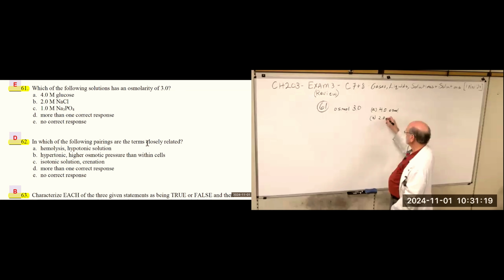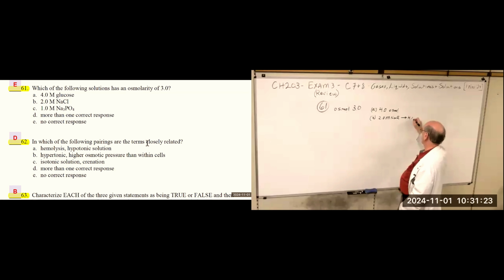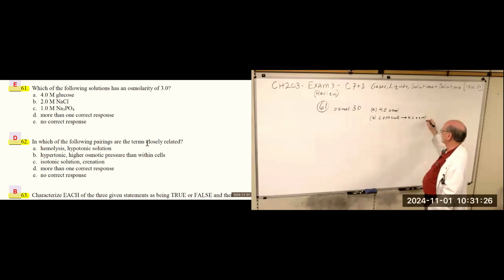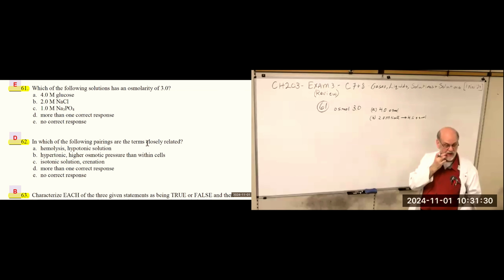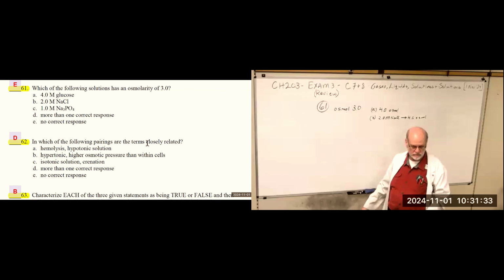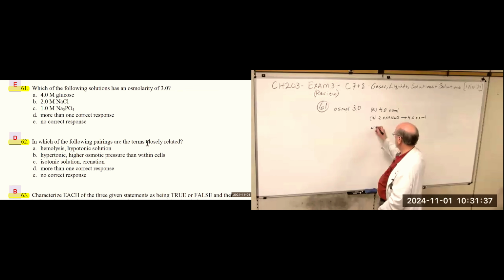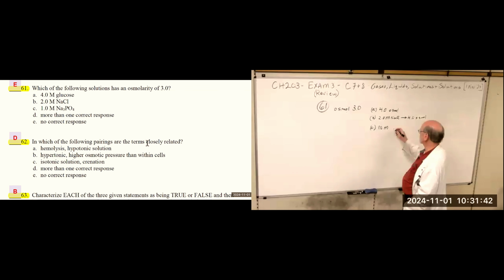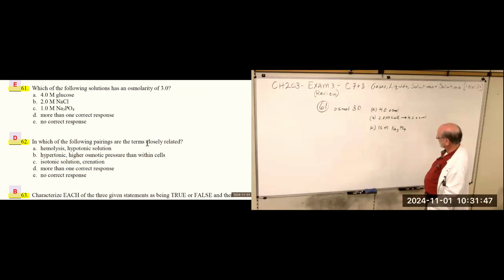B, 2 molar sodium chloride yields 4 osmol because it breaks into 2 ions and gives you twice the osmotic potential. How about C? 1 molar sodium phosphate. Is that correct? 3 minus, 1 plus, so we need 3 of these to balance that one.